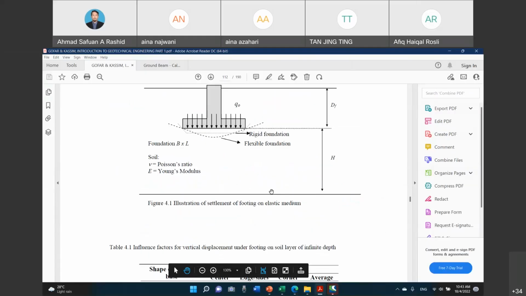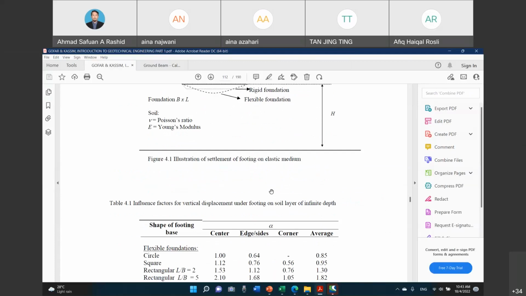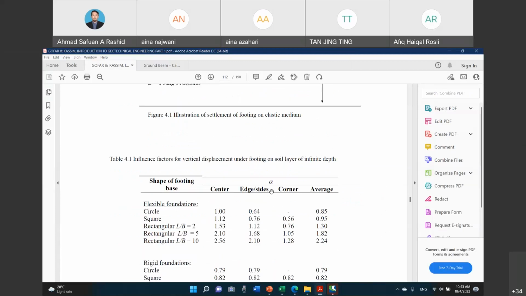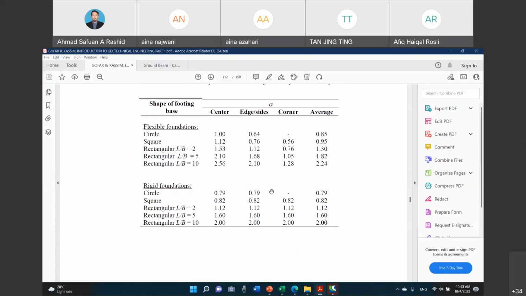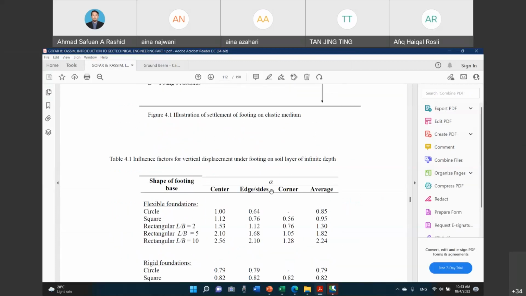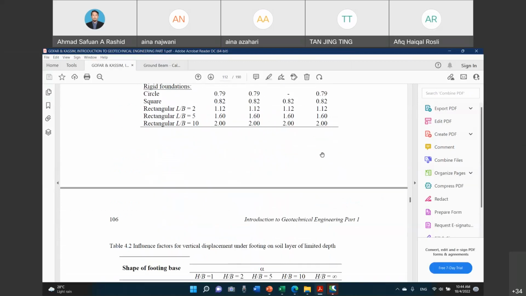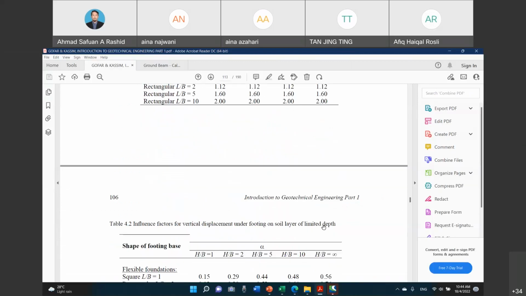For alpha, there are two tables, table 4.1 and table 4.2. In the caption of table 4.1, the last sentence mentions infinite depth, while for 4.2, a limited depth.